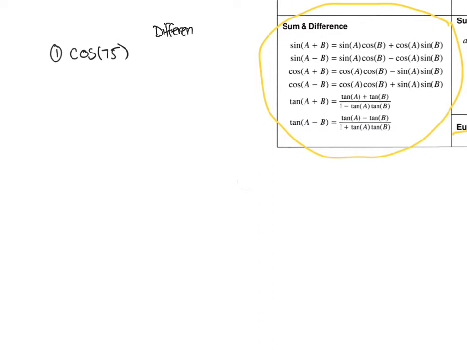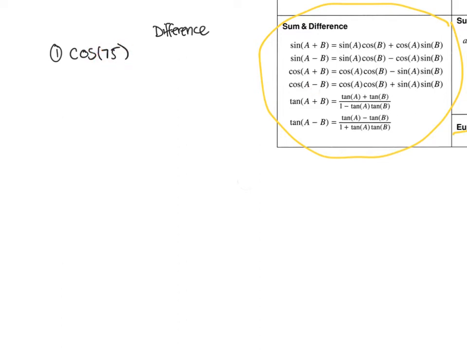difference identity. So we're going to look for our difference identity, so that means minus, and this is a cosine. So we're going to be using our difference identity of cosine, so that's this one right here. Except now, instead of having an A and a B, I just have 75. So I have to figure out, okay, well, how can I split 75 into 2 different angles where I'm subtracting?